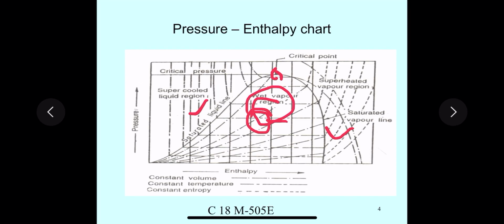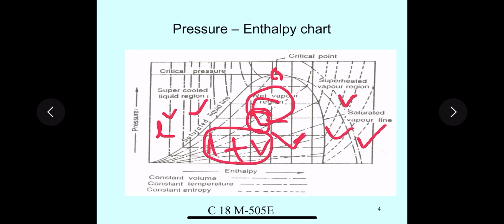So there are three regions: liquid region, vapor region and wet region. Wet means partially liquid and partially vapor, that is, liquid plus vapor is called the wet region. Here is the completely liquid region, here the completely vapor region. If it is liquid plus vapor, then it is called the wet region.